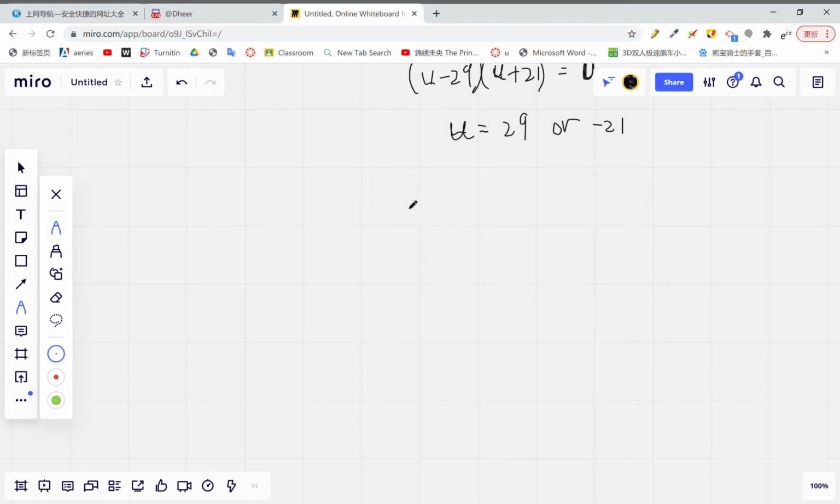Let's say that S is the sum of the real roots of the polynomial f of x equals x to the fourth minus 21 times x cubed minus 20 times x squared minus 21x plus 1.